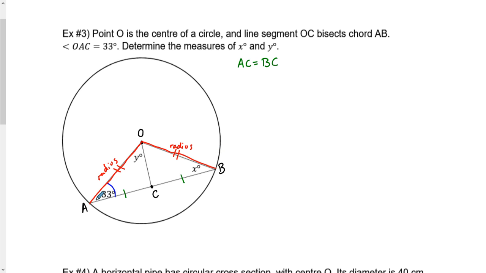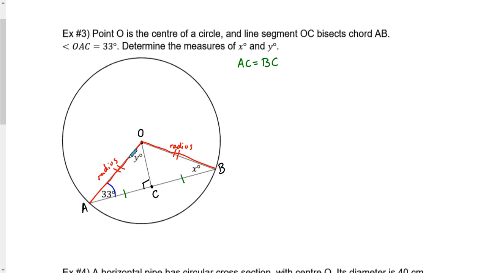So here's the special thing. If OC bisects AB, it means that this is making a 90-degree angle. So we have two special properties here. You don't have to ever solve a triangle in alphabetical order. Sometimes it works, sometimes it doesn't.